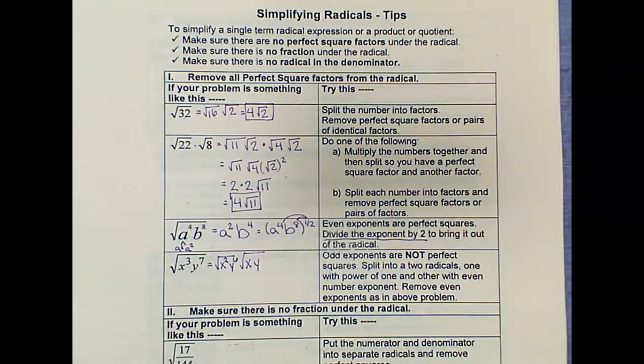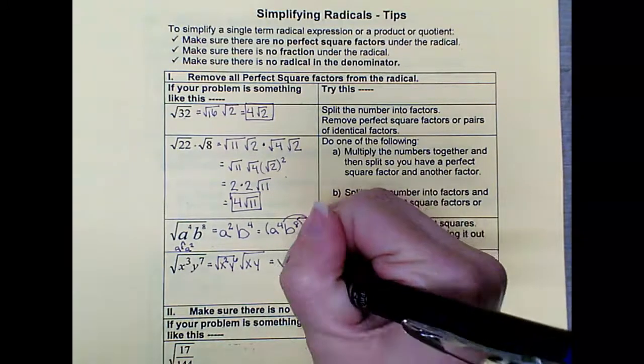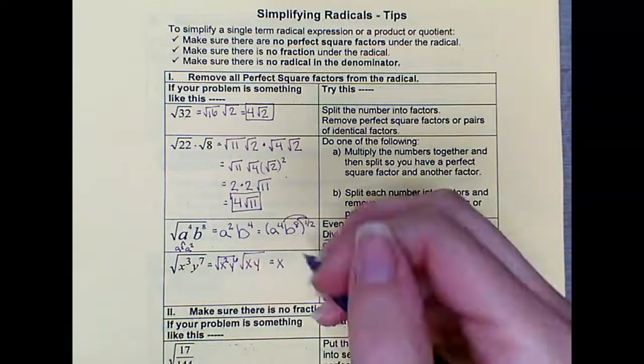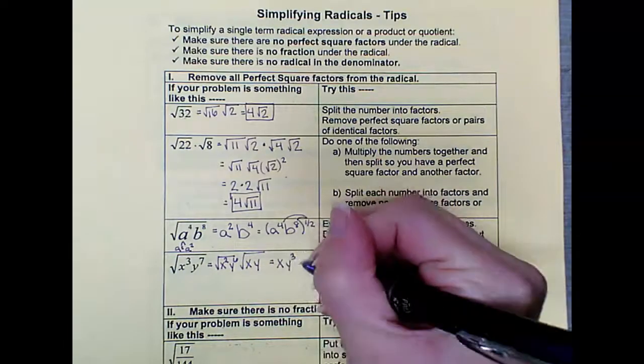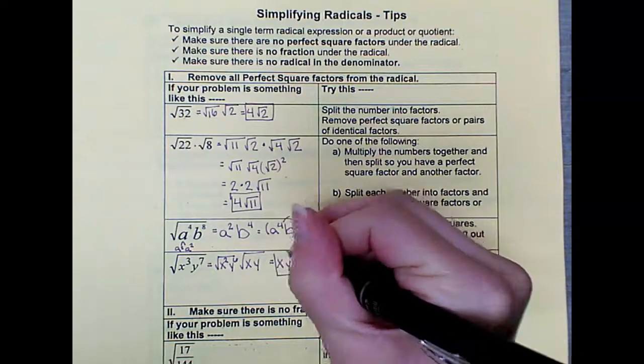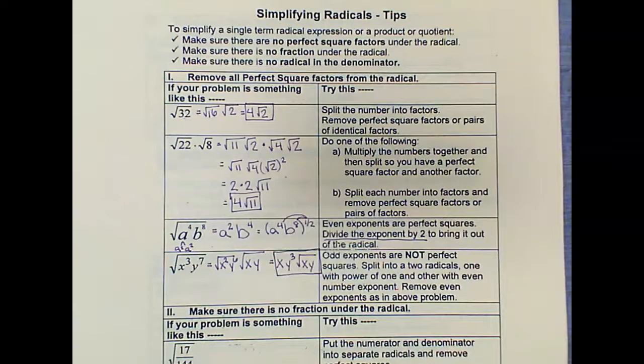So now whenever I simplify this, if I divide 2 by 2, I get 1, so x to the power of 1. If I divide 6 by 2, I get 3, so y to the power of 3. And then my leftover radical is the square root of x times y. So you kind of bring your extras out here in order to make even exponents, which are perfect squares.